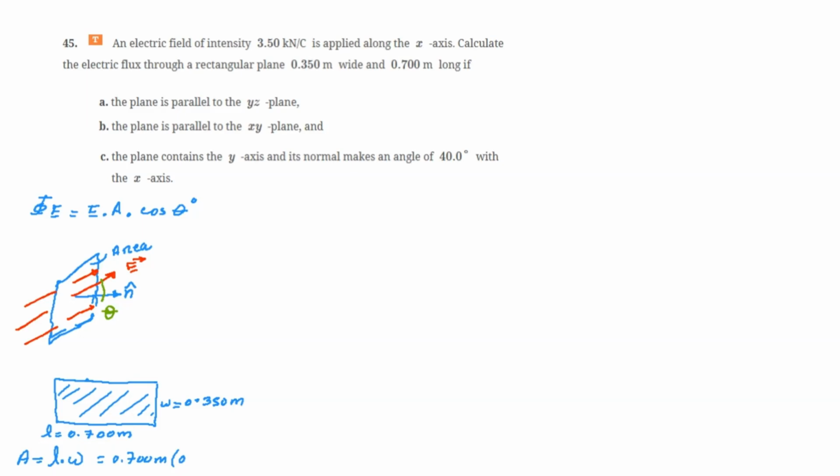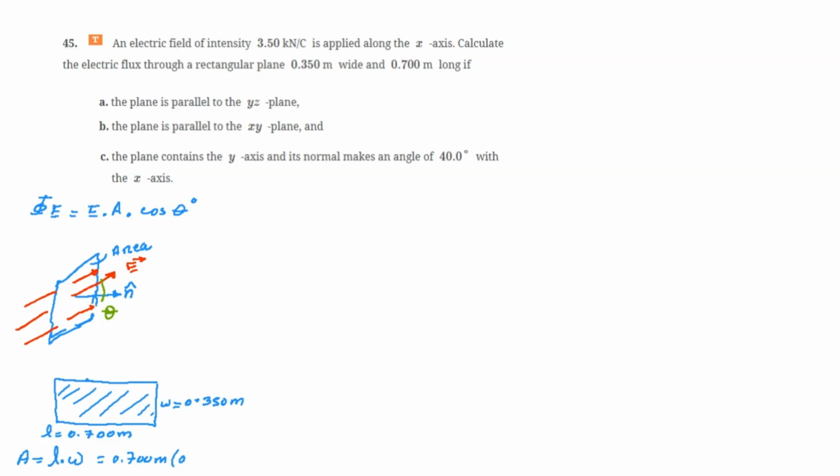Lines crossing the plane. So the normal, imagine the normal is an imaginary line perpendicular to the plane. So when the plane and the electric field line, this blue is the electric field line, have an angle of 90 degrees, the normal, that is an imaginary line in this direction, is parallel to this.